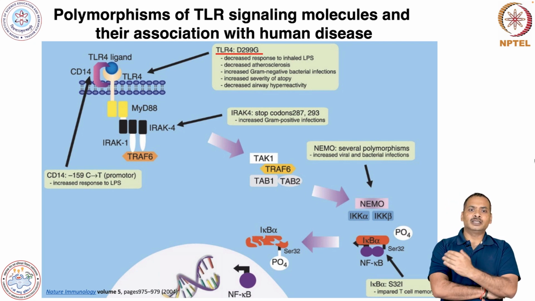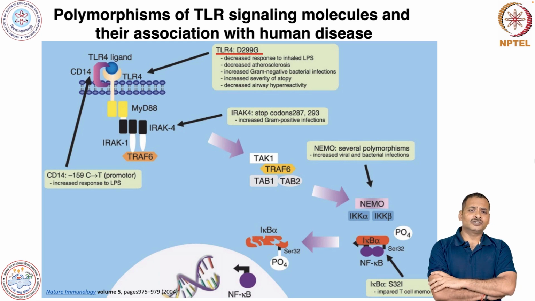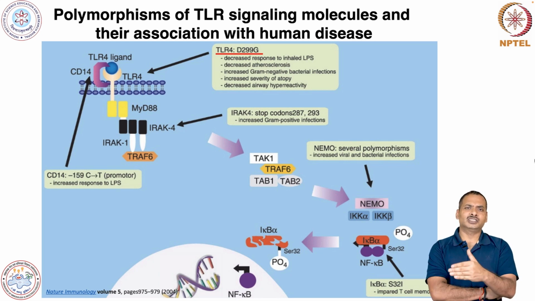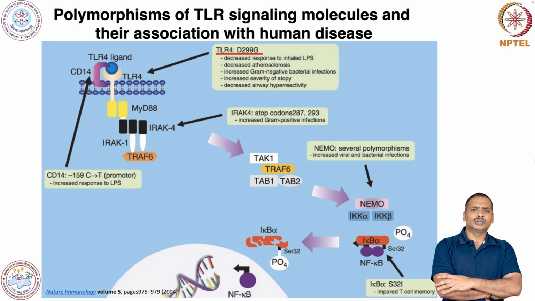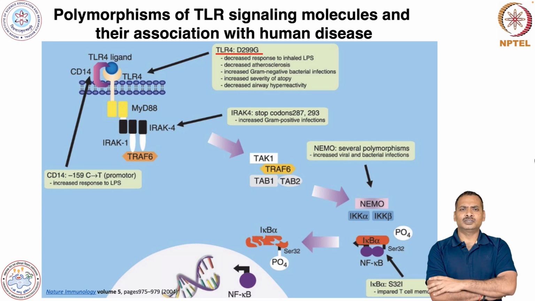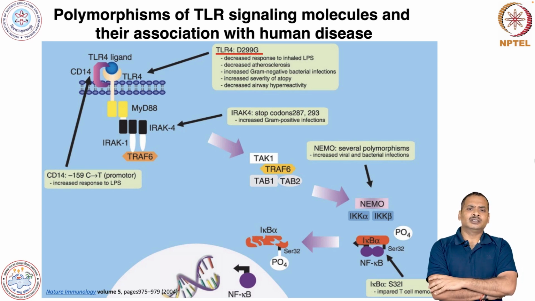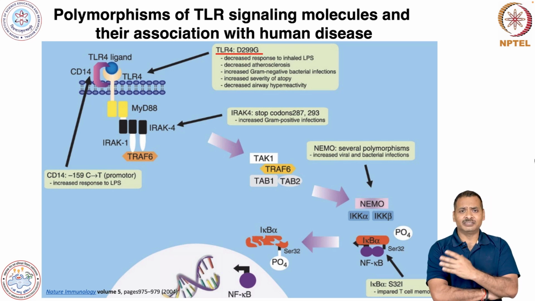There is an increased severity of atrophy. Atrophy literally means thinning. Atrophy can be associated with various things, atrophy in neurons, atrophy in muscles, wasting of muscles and all those things. So, there is a possibility of increased severity of atrophy, and decreased airway hyper reactivity.